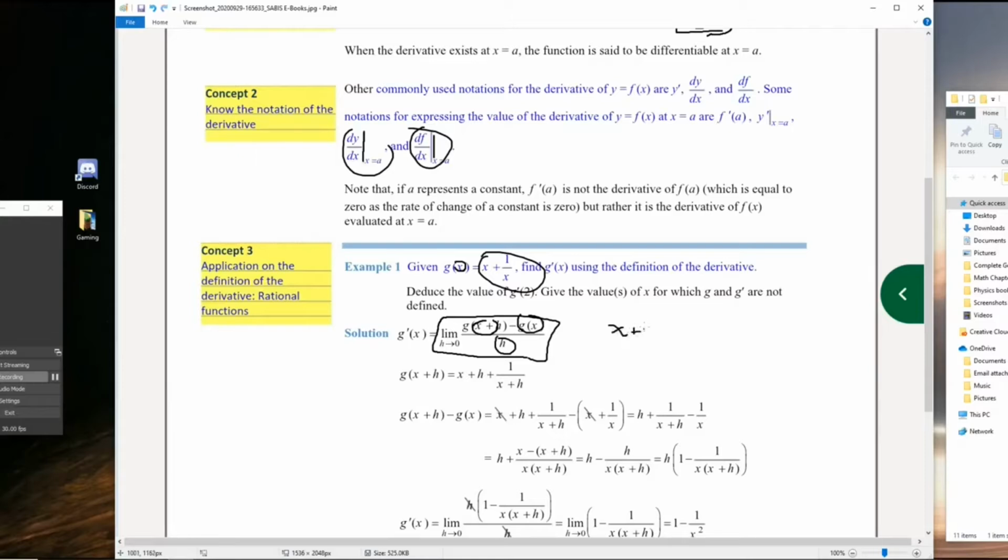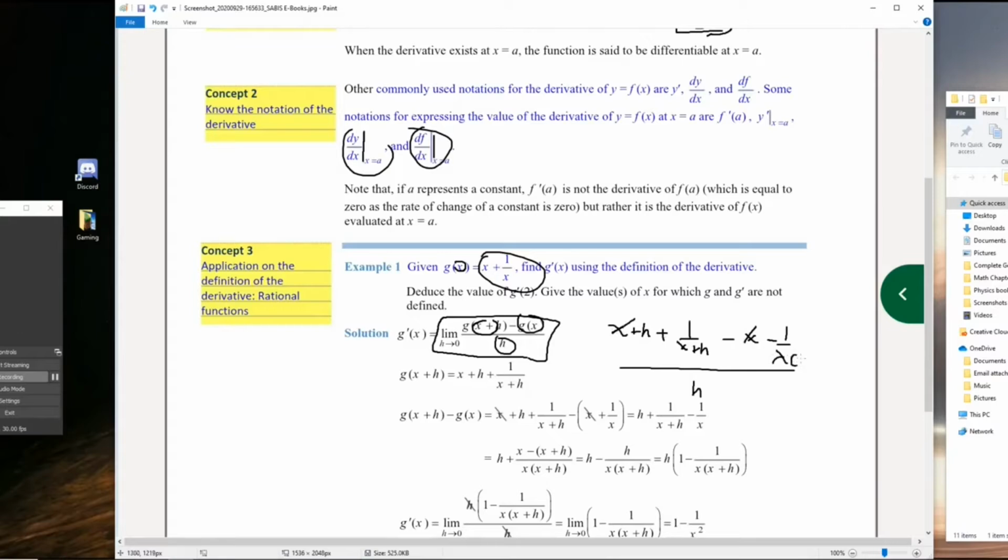Okay, so x plus h plus 1 over x plus h minus x, and this is in the same parenthesis, so the minus distributes, so you get minus 1 over x, all over h. So x and x cancel, and you're left with this.